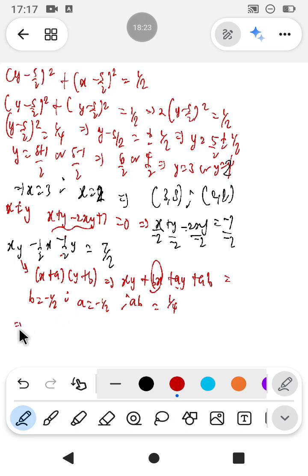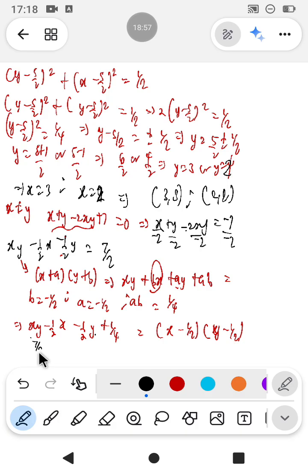Then we now have xy, and don't forget b is negative half, so we have negative half x, a is also negative half y, then ab is 1/4. So definitely this will be equal to (x minus half) multiplied by (y minus half). But remember, guys, we know that xy minus 1/2 x minus 1/2 y is 7/2.